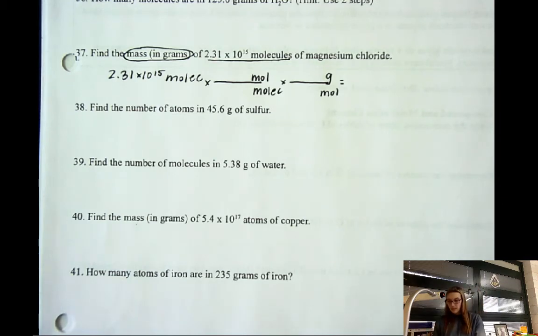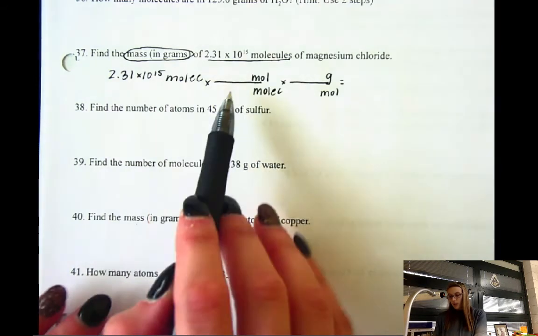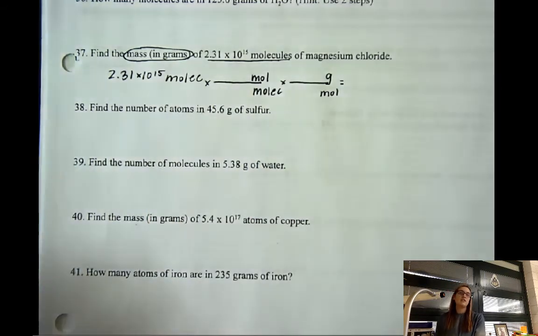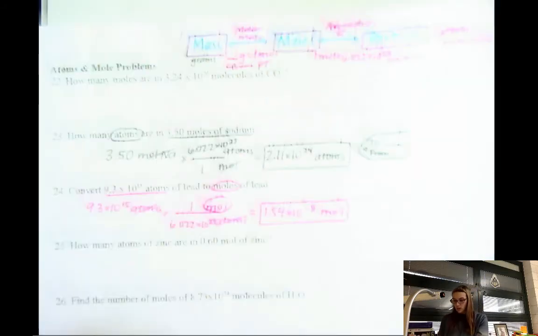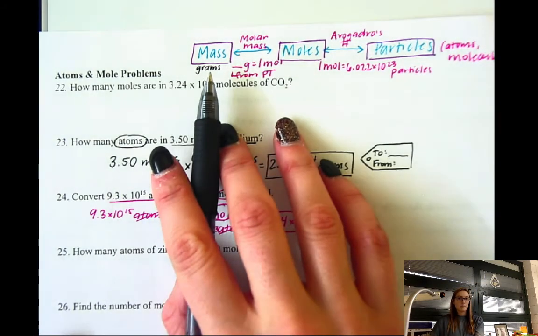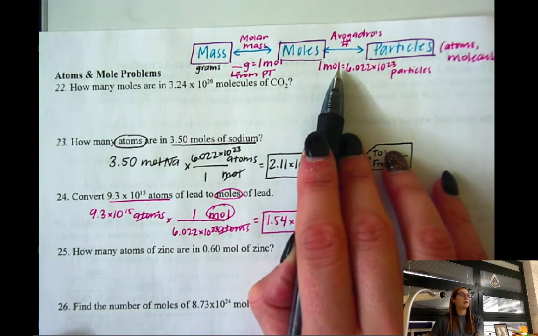So now let's plug in numbers. Let's plug in our conversion factors. So molecules to moles. Again, if you're like, okay, I don't remember how to go between molecules and moles, just look at this. Molecules to moles, that's Avogadro's number.